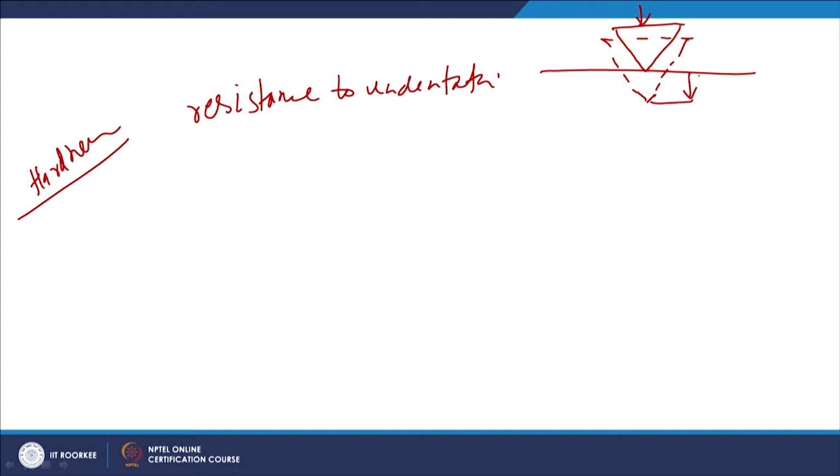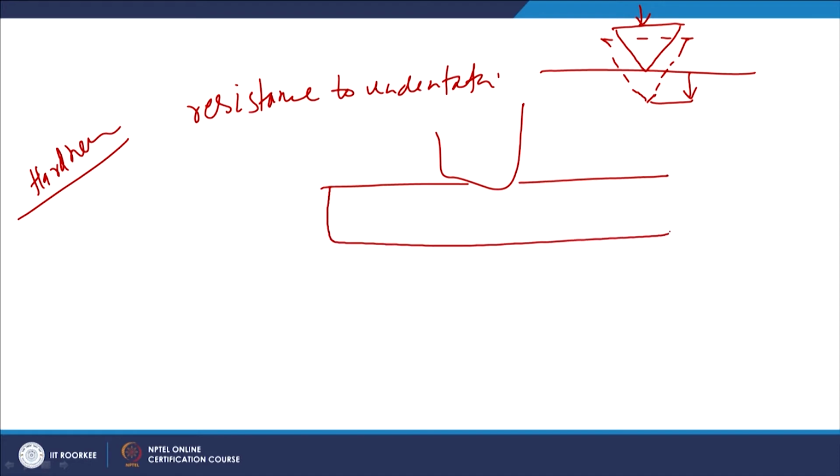So, this is the depth by which the indenter has penetrated onto the surface of the workpiece. The greater the depth of indentation, the lower will be the hardness. And this kind of indentation can be formed by various operational mechanisms, like a hard particle being pressed over the surface of the workpiece.